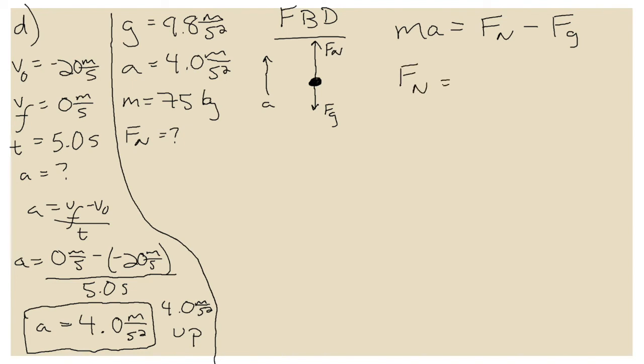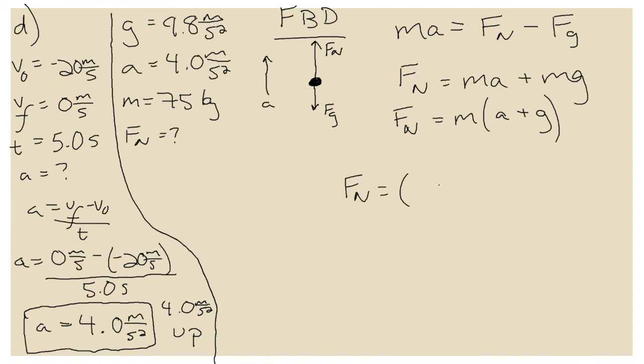So I get Fn, the normal force, is equal to ma plus mg. And of course now, because both of my terms have an m in it, I can factor it out. And of course, if you want to do that in that step also, feel free. And so we get Fn, the normal force, is equal to m times a plus g.